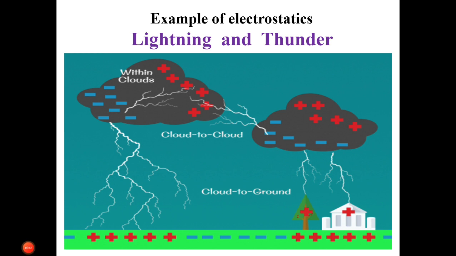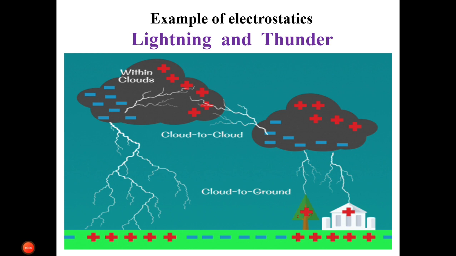Usually the earth is a neutral object, but whenever the cloud is more negatively charged at the bottom, electrons are pushed downwards and the surface of the earth becomes more positive, and all the objects on the surface are also positively charged.